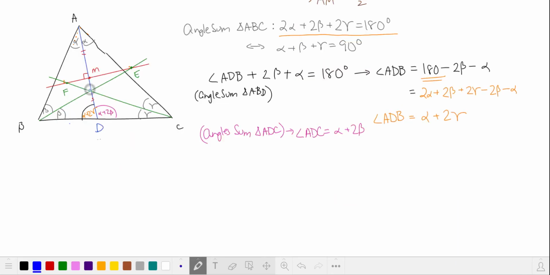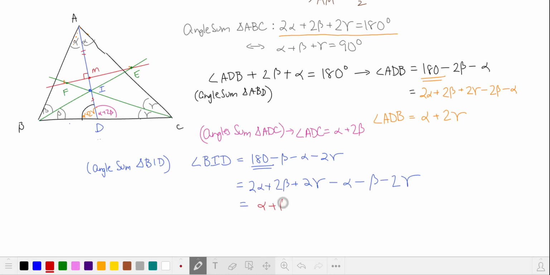We'll call the intersection of our 3 angle bisectors I. Let's find angle BID. Finding the angle sum of triangle BID, this angle is 180 minus beta minus alpha minus 2 gamma. Substituting again for 180, we get alpha plus beta. Angle CID, that's equal to alpha plus gamma.